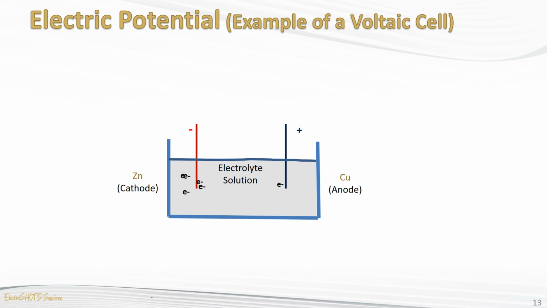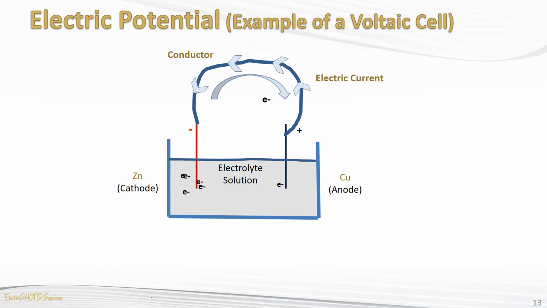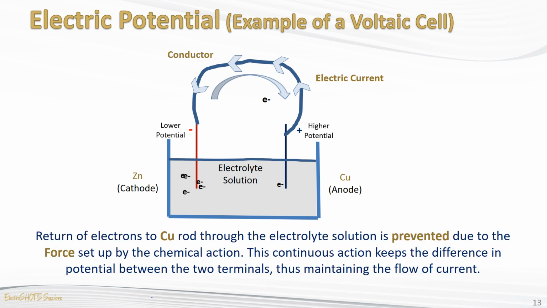However, if the two terminals of the cell are joined by a conductor, an alternative path is provided for the electrons to flow through. The flow of electrons thus leads to the flow of electric current, or the conventional current, from the positive to the negative end of the terminals.